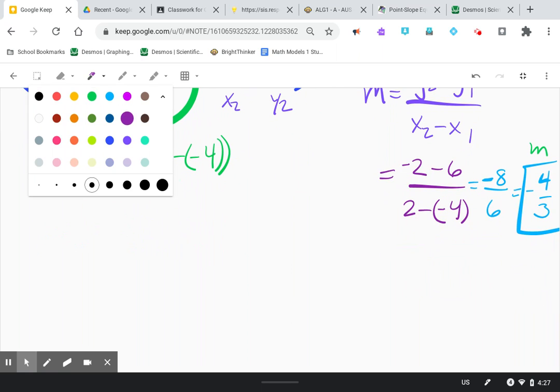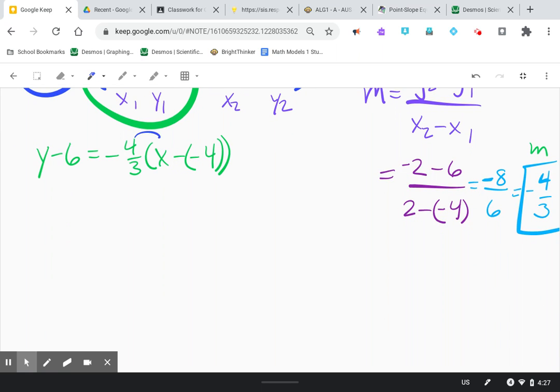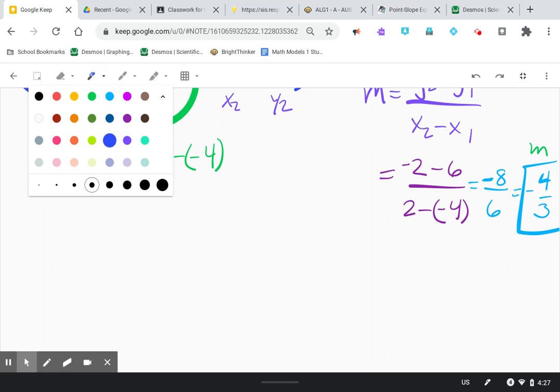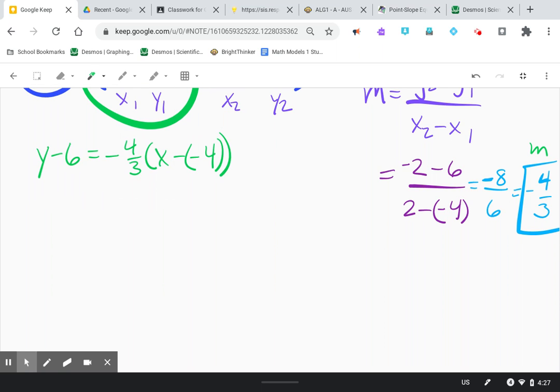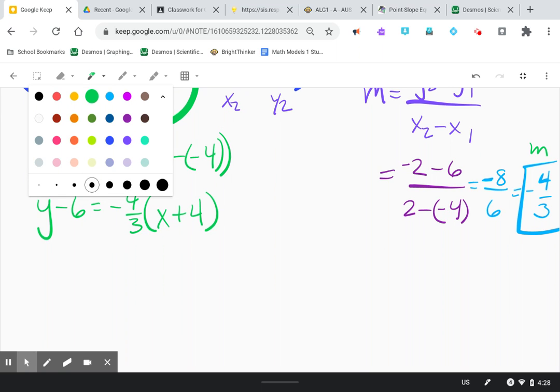Then we're going to distribute this value to both of these. Actually, we'll fix that second equation so that it looks a little nicer. y minus 6 equals negative 4/3 x plus 4. Now it's easier to work with.